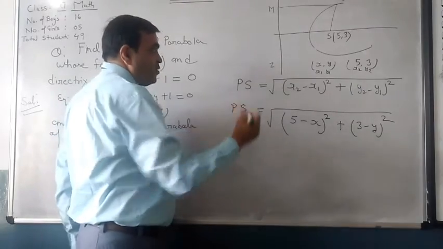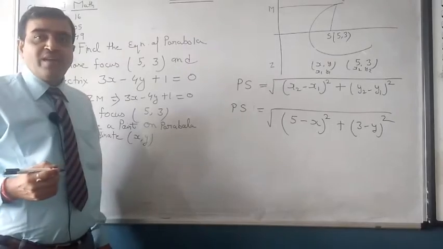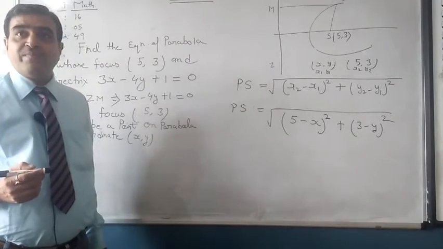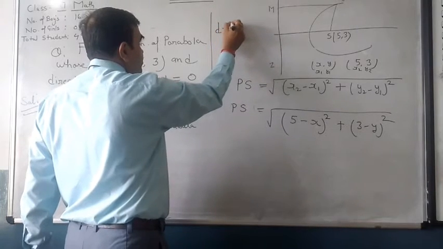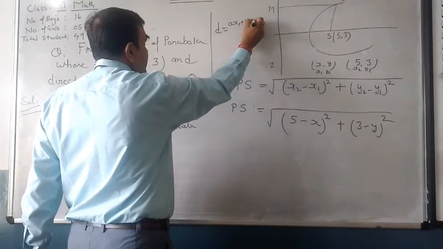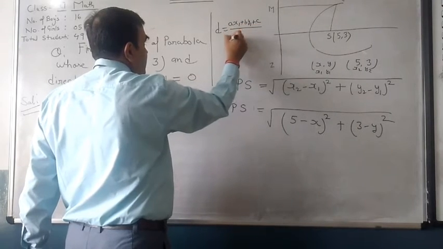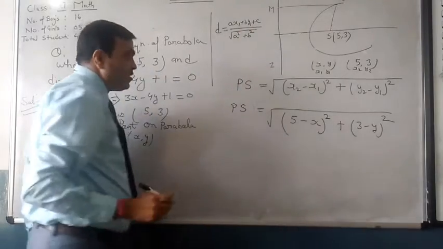Okay, now PM. Since PM is the perpendicular, we know that the length of the perpendicular d equals (ax1 plus by1 plus c) upon under root a square plus b square.